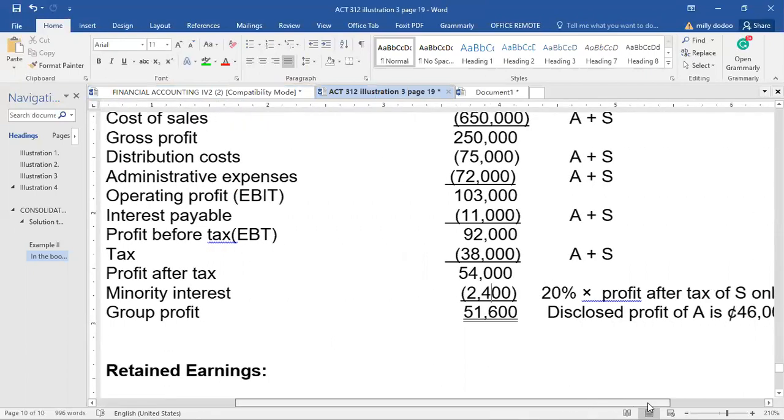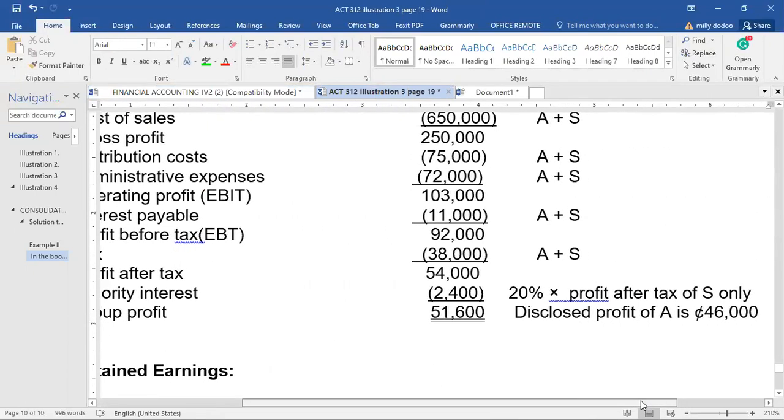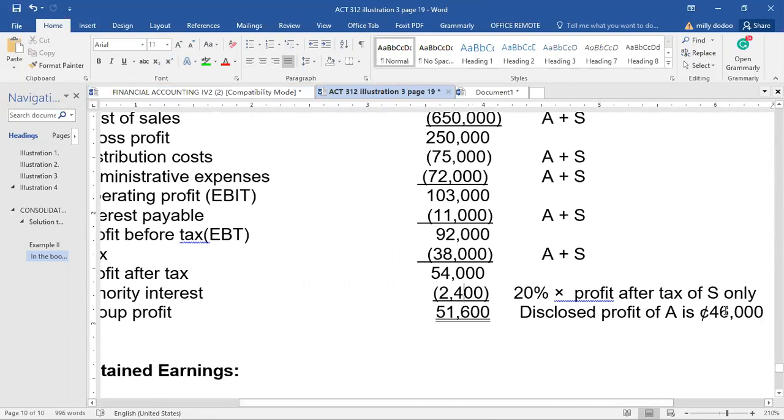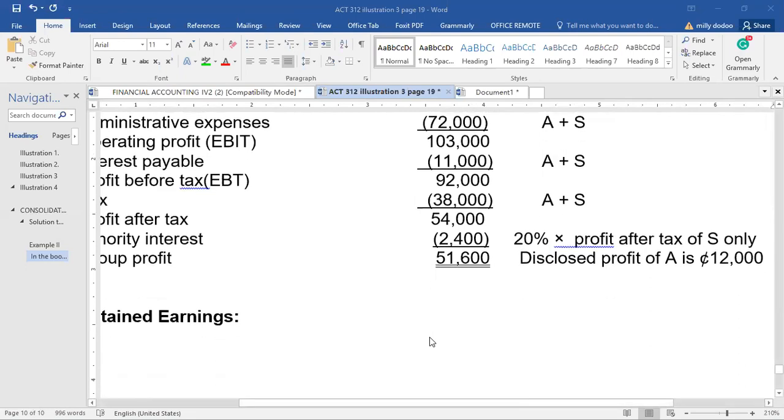So the 20% of the 12,000 gives you 2,400. When you subtract it, you get 5,600. So that is how we got this particular one over there.